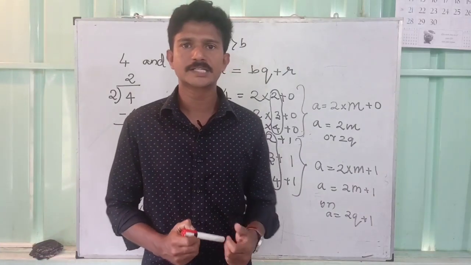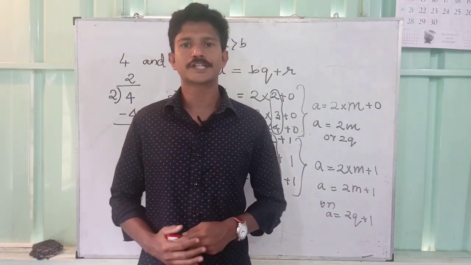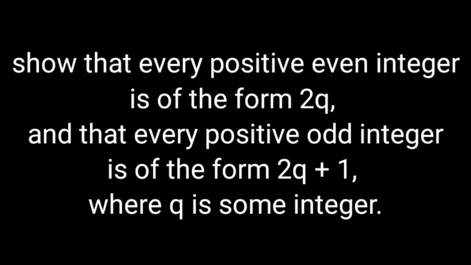Let us see one question based on our understanding. The question is on the screen. Show that every positive even integer is of the form 2q, and that every positive odd integer is of the form 2q plus 1, where q is some integer.